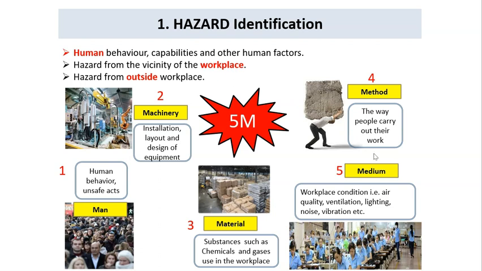And the fifth one is medium, which is related to the work condition. It can be the air quality, ventilation, noise, vibration, and anything related to the surroundings at the workplace. So if you can connect all these 5M, then it's easy for you to come up with the work activity.